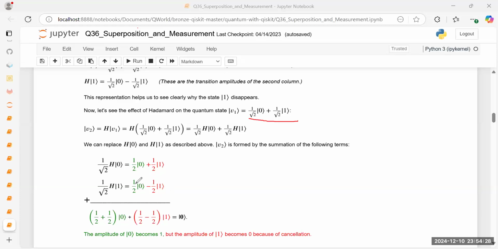So for the 0 state, these values will reinforce themselves, or interfere constructively. Whereas for the 1 state, these will cancel themselves, or interfere destructively. And that's how we end up with just 0 at the end. So this is interference in action.